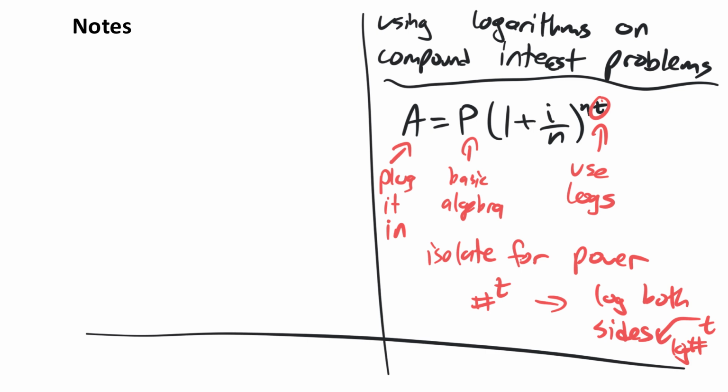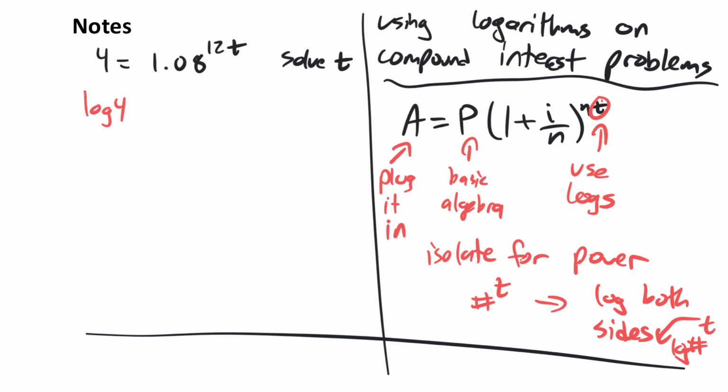So again, I'll give you here a basic example. Let's say you had 4 equals 1.08 to the power of 12t. And the question is solve for t. In this case, I've done all the plugging in for you. You just need to do the log steps and solve for t. So go ahead and pause the video and give that a try.